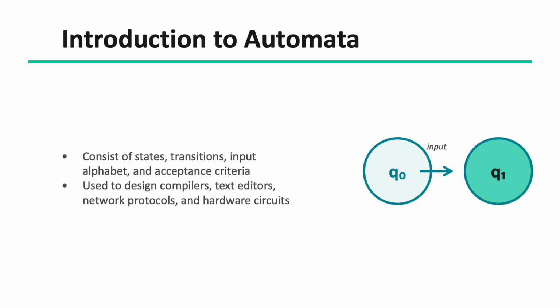If everything goes correctly and you have not inserted a Canadian bill instead of a US bill, it returns to the idle state, ready for the next customer. The vending machine's behavior is defined by its states, the inputs it accepts, money and button presses, and the rules for transitioning between states. This is exactly how finite automata work, making them a fundamental concept for designing reliable and efficient systems.